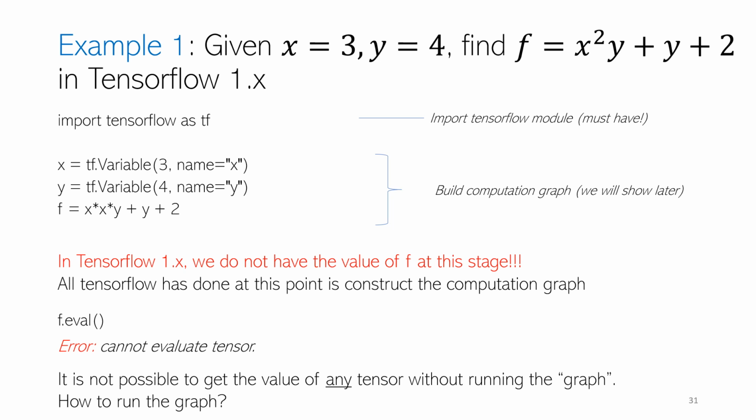Note that in TensorFlow 1, we don't have access to the value of f at this stage, because what we have done so far is that we only created the computation graph. We have not run the graph yet. So if you want to get the value of f at this point, you're going to get an error. So how can we run the graph?